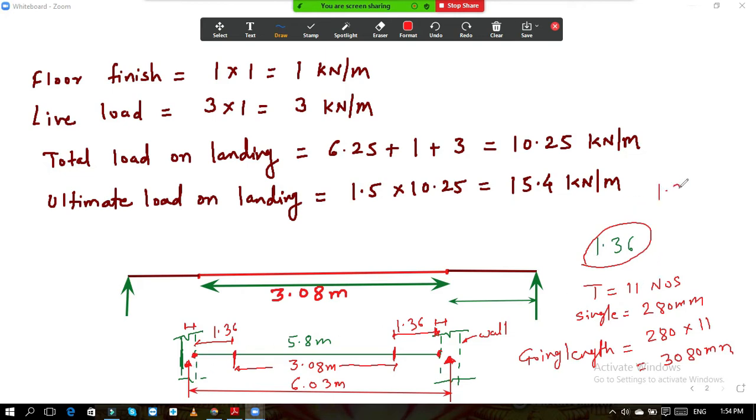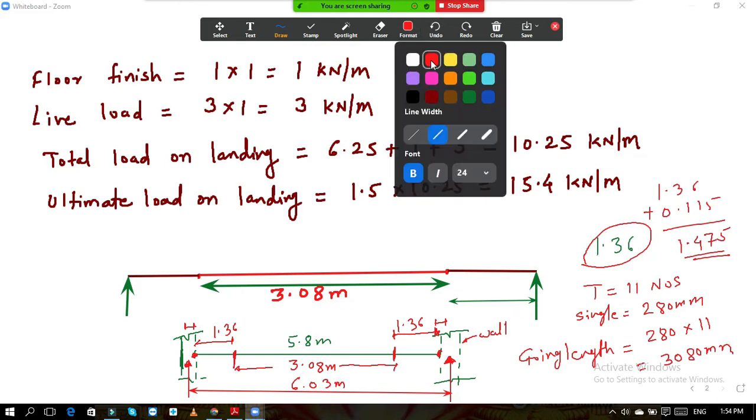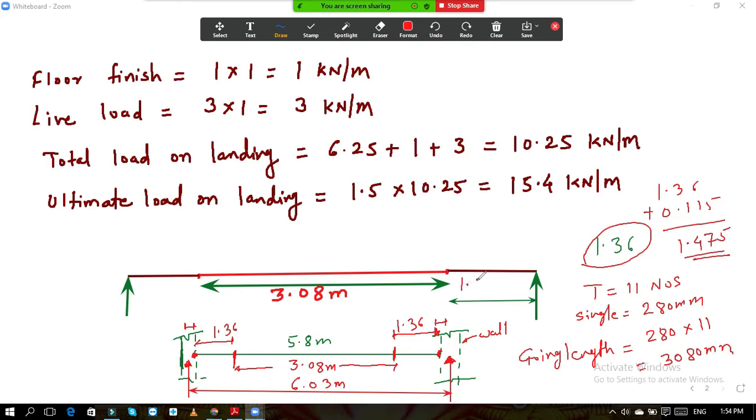It will be 1.36 plus half of the support, that is 0.23 divided by 2, which is 0.115. So 1.36 plus 0.115 is 1.475. So this length which we want is 1.475. This length is also 1.475. I hope now it is clear to you.